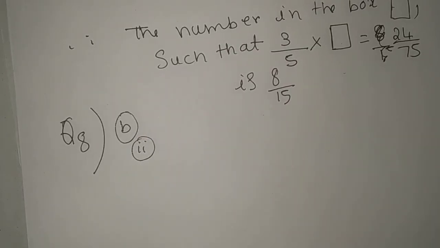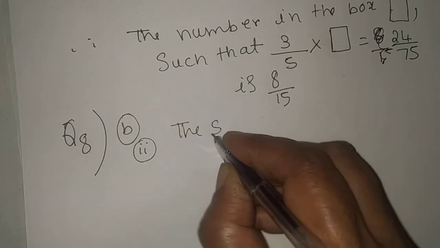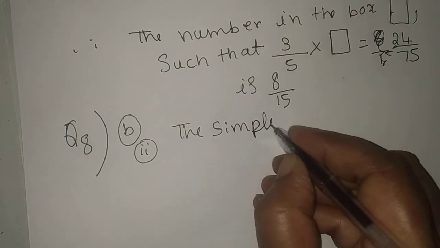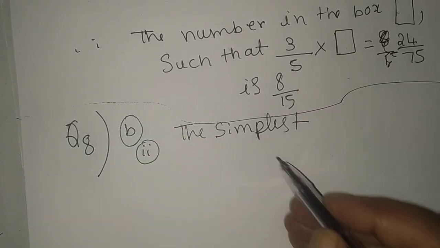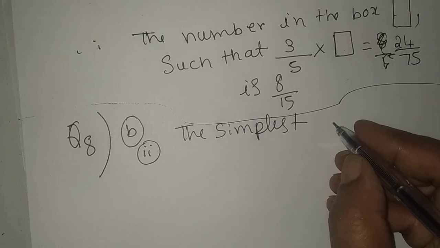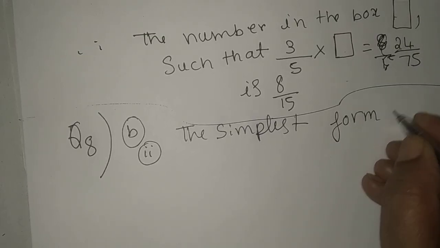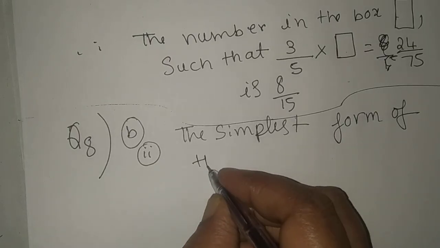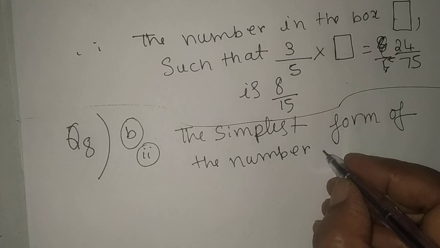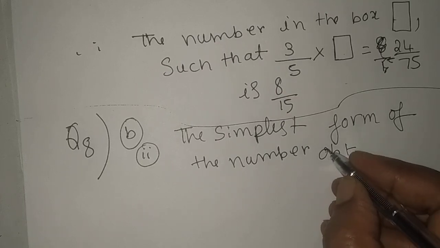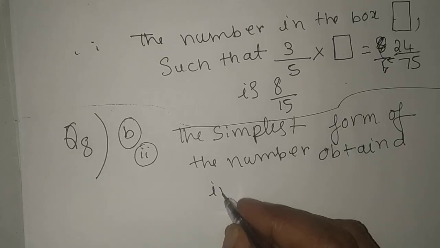The second problem is the simplest form of the number obtained.